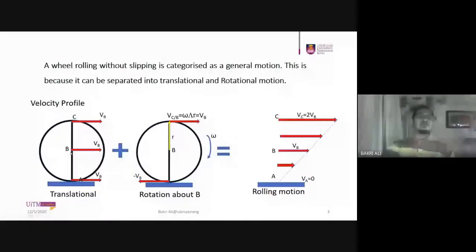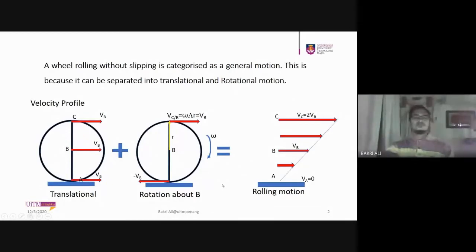If we consider a translational motion, that velocity, in this case, I write as VB. All the points on the wheel translate with the same velocity VB. At the same time, the wheel also rotates about the bearing B. That will produce a general motion.